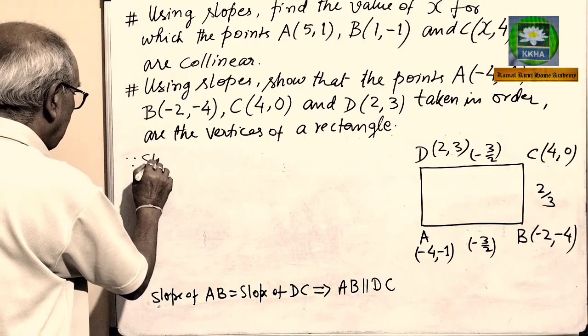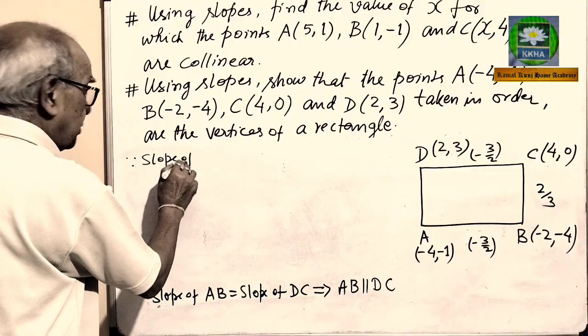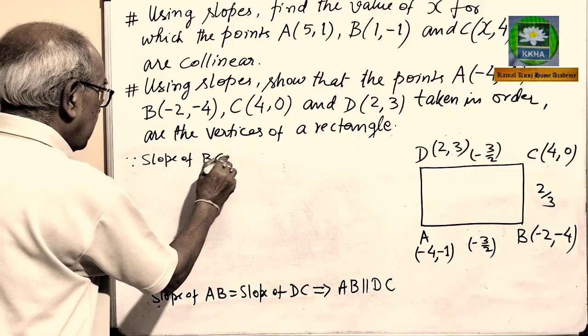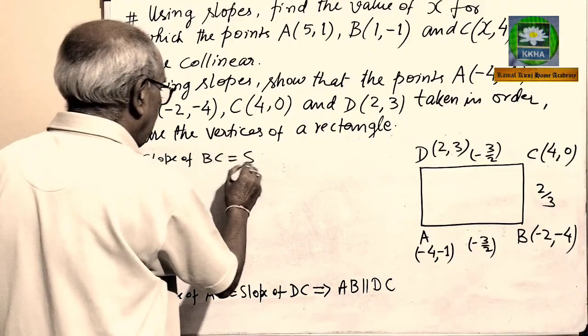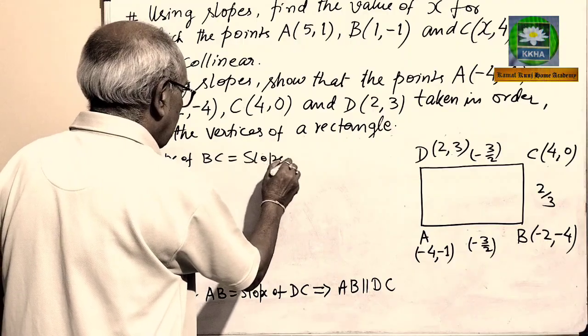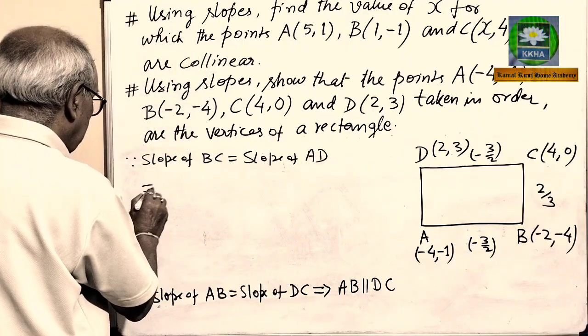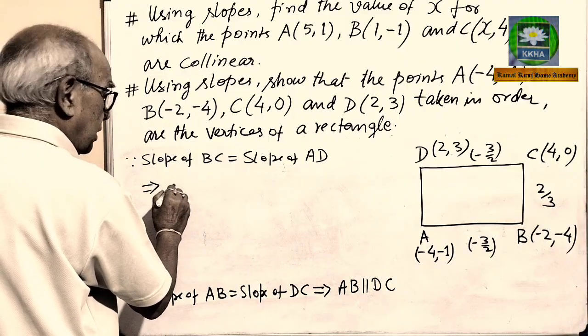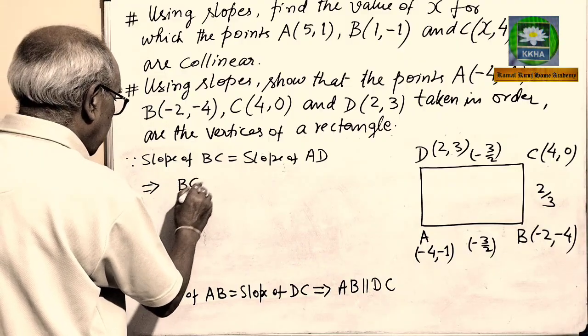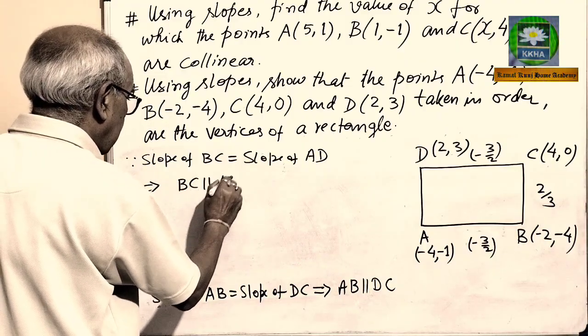Since slope of BC is equal to slope of AD, this implies that BC is parallel to AD.